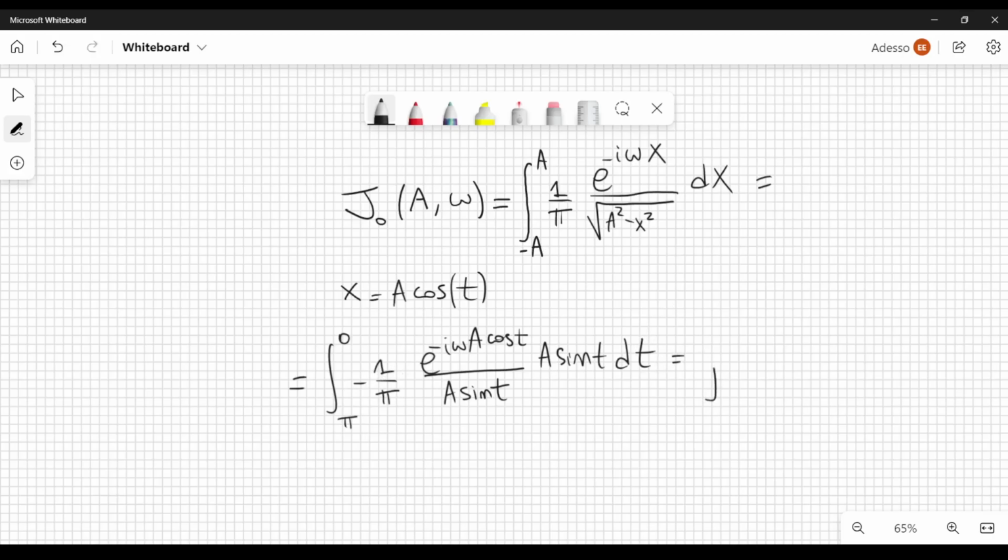Now this can be simplified like this. It is equal to integral from 0 to pi of 1 over pi, and then e to the minus I omega a cosine of t dt.